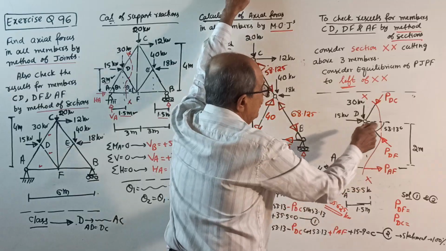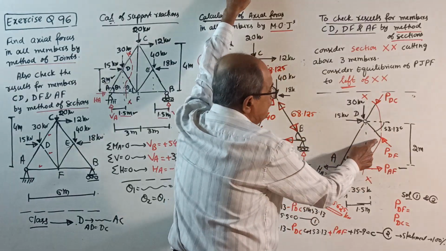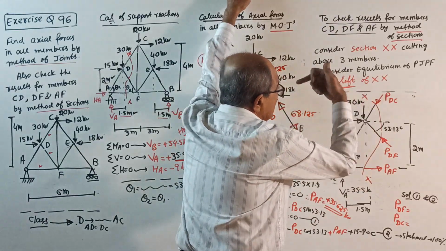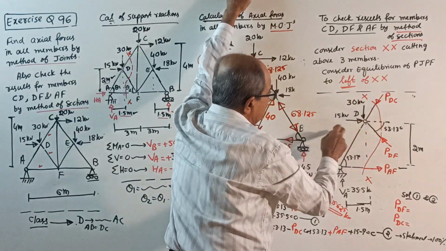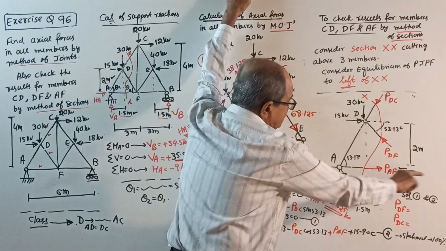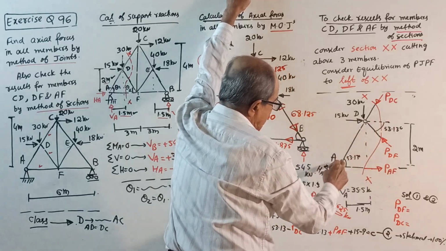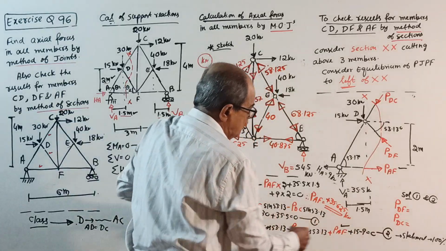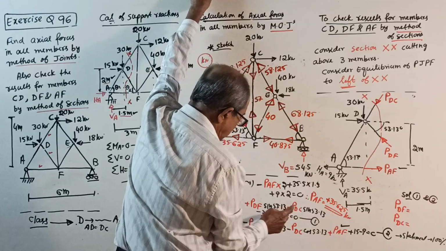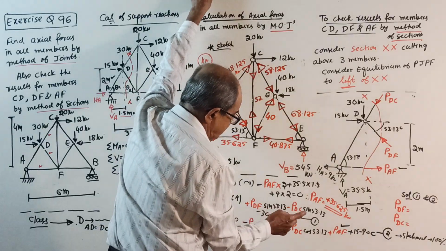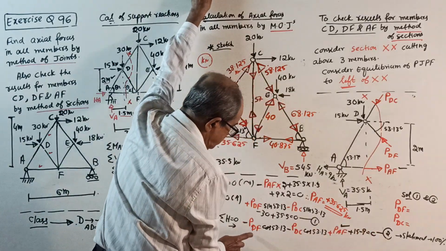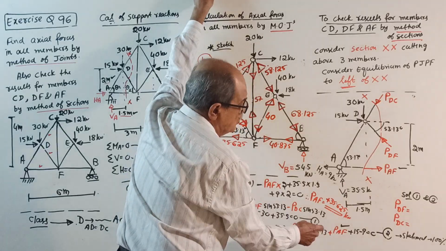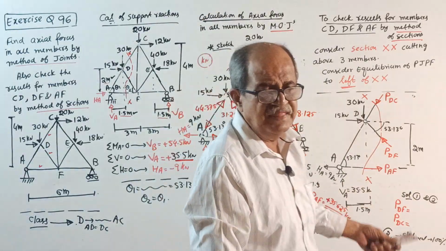Sigma H equal to 0: minus PDF cos 53.13 minus PDC cos 53.13 plus 50, plus PAF plus 15 minus 90. But PAF is already known. Equation number 2. Equation 1 has PDF and PDC, equation 2 also has PDF and PDC. Solving, you will get the two unknowns.